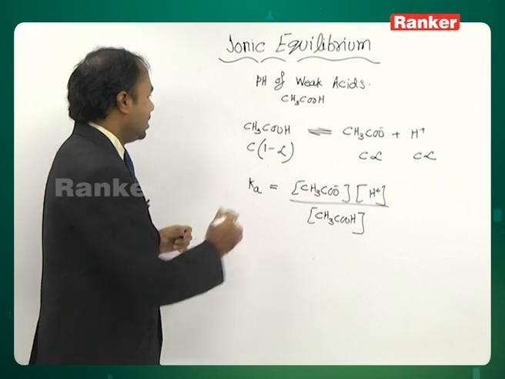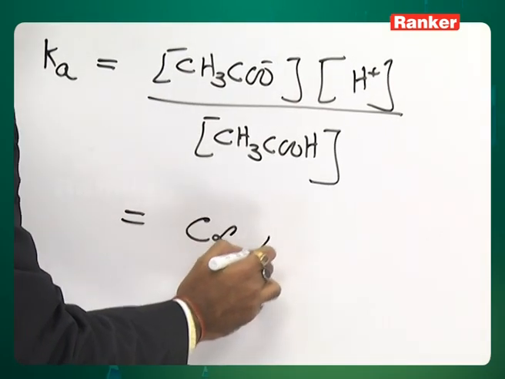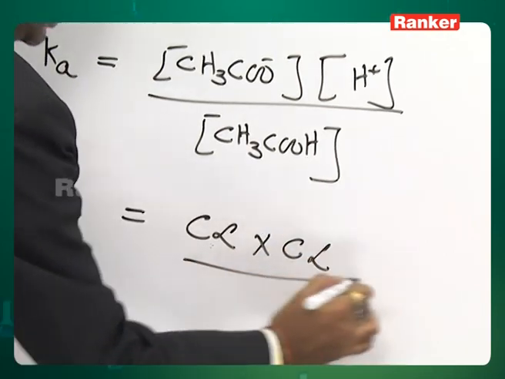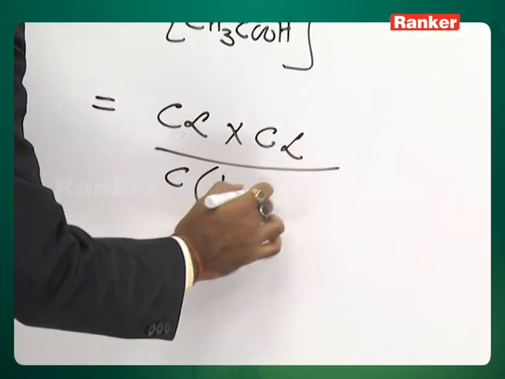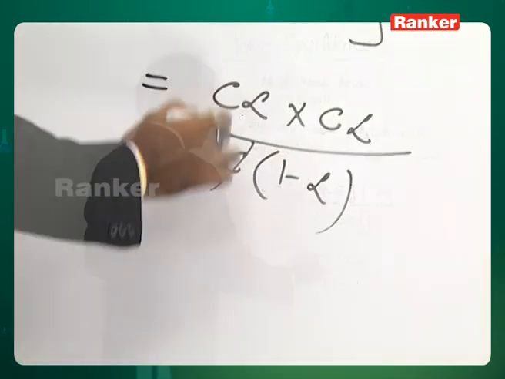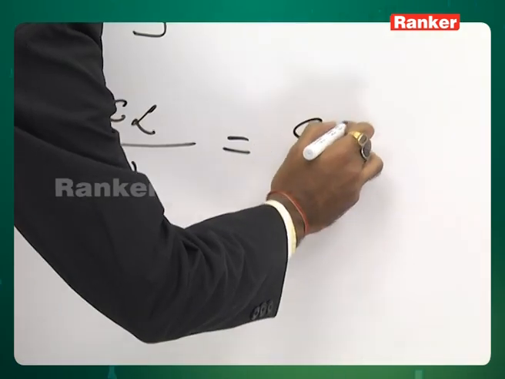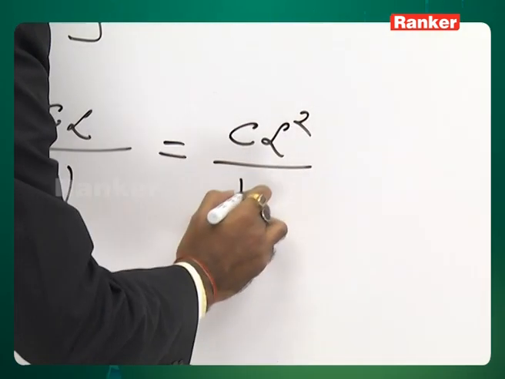Right, now we substitute the values. This becomes C alpha into C alpha upon C into 1 minus alpha. One C gets cancelled. So we get it as equal to C alpha square upon 1 minus alpha.